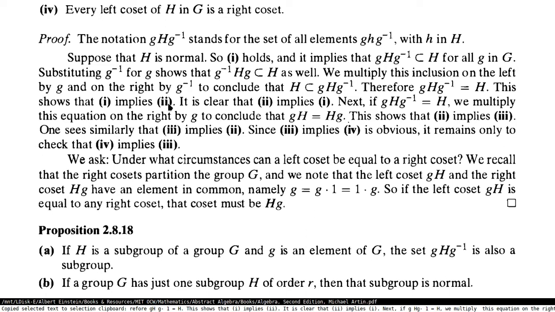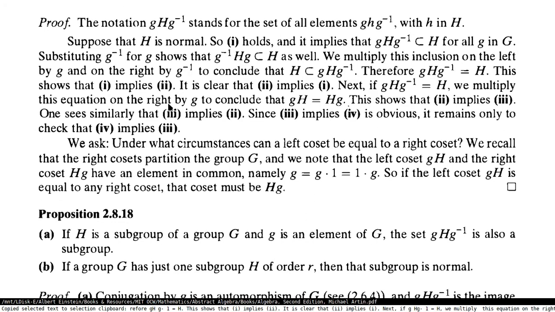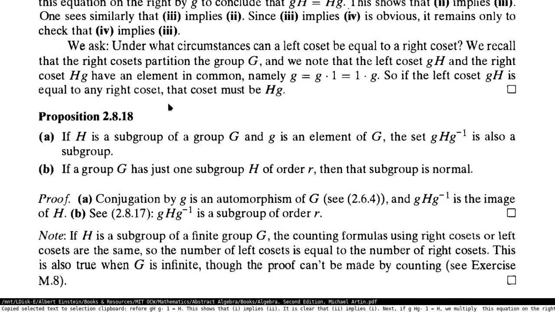So the next proposition says that if H is a subgroup of a group G, and you have an element g from the group, the conjugate of the subgroup is also a subgroup. Right? And the second one is if a group G has just one subgroup of order r, then that subgroup has to be normal.